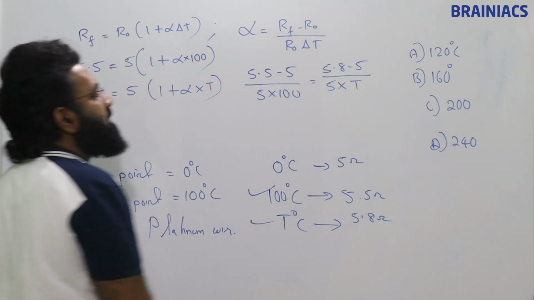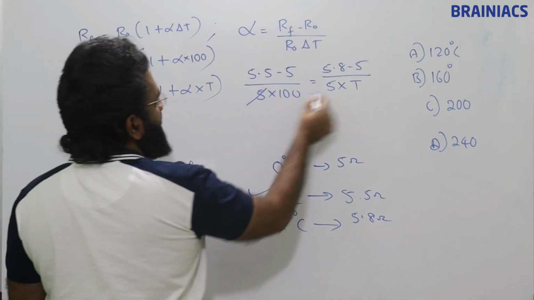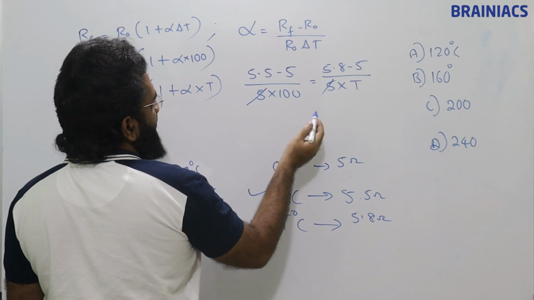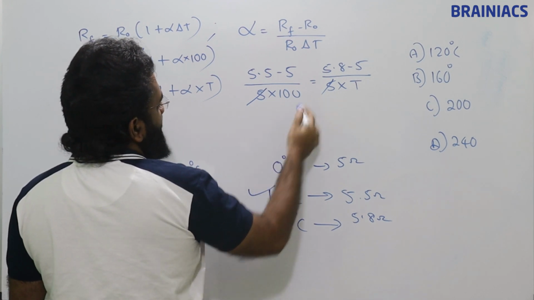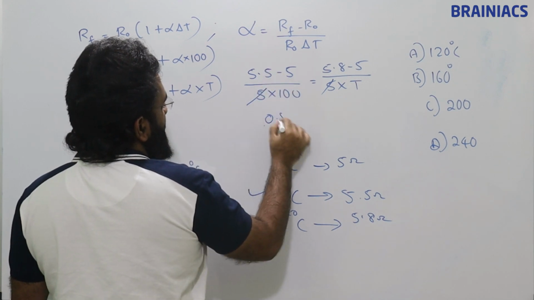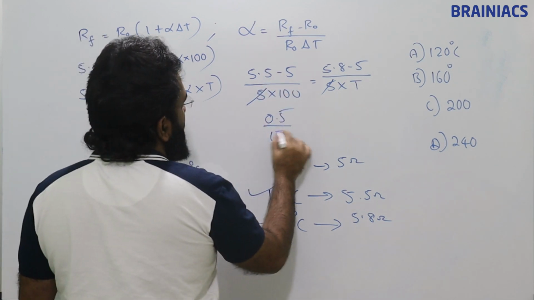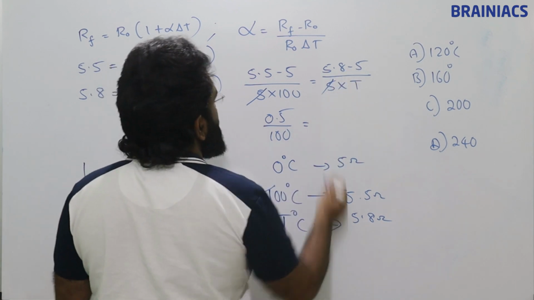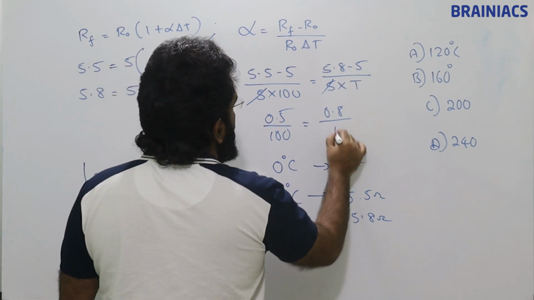From here we can easily find it out, and many calculations can be avoided. So this is nothing but 0.5 divided by 100 is equal to 0.8 divided by T.